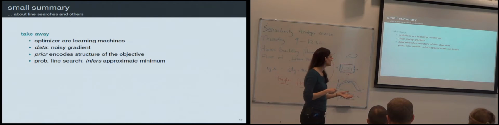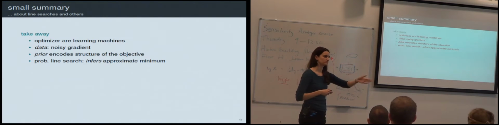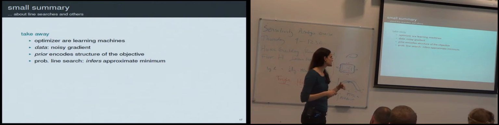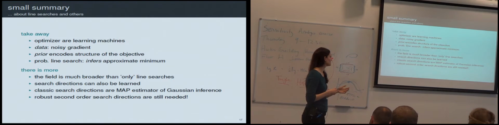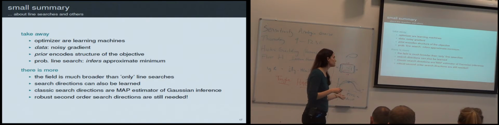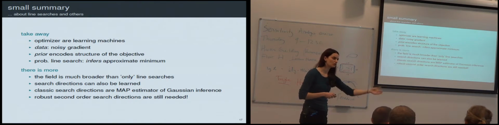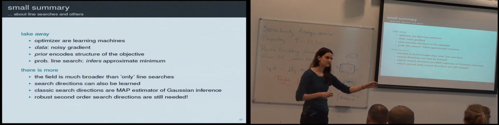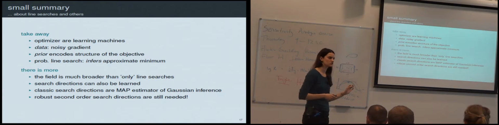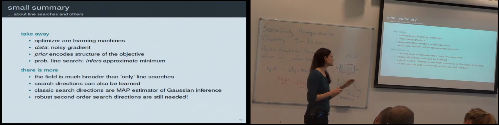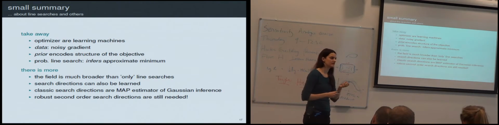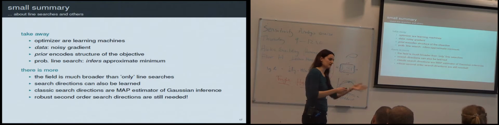For example, the line search infers an approximate minimum each time. You can also make this field much broader and think about inferring more robust search directions if I tell the code, this is your gradient, but it has this and that Gaussian noise. So the code is not only called stochastic, but it actually has a number in there, which tells it, I can rely this much on my gradient and this much on the model.